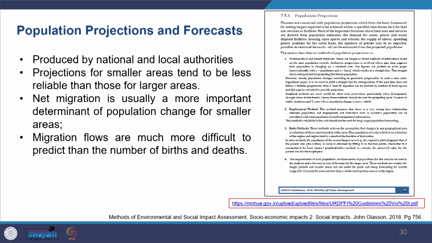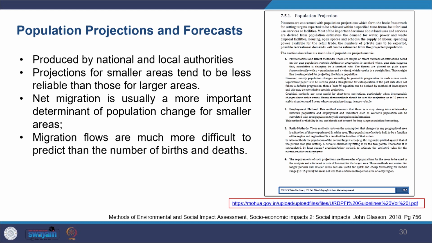Like I showed you the population projection from the Mumbai Metropolitan Regional Plan, you also need to undertake population projection and forecast what will really happen in years, decades to come. Usually those are done by national and local authorities, and you could also see the land use planning work and other estimates which are done for different levels of schools and infrastructure.